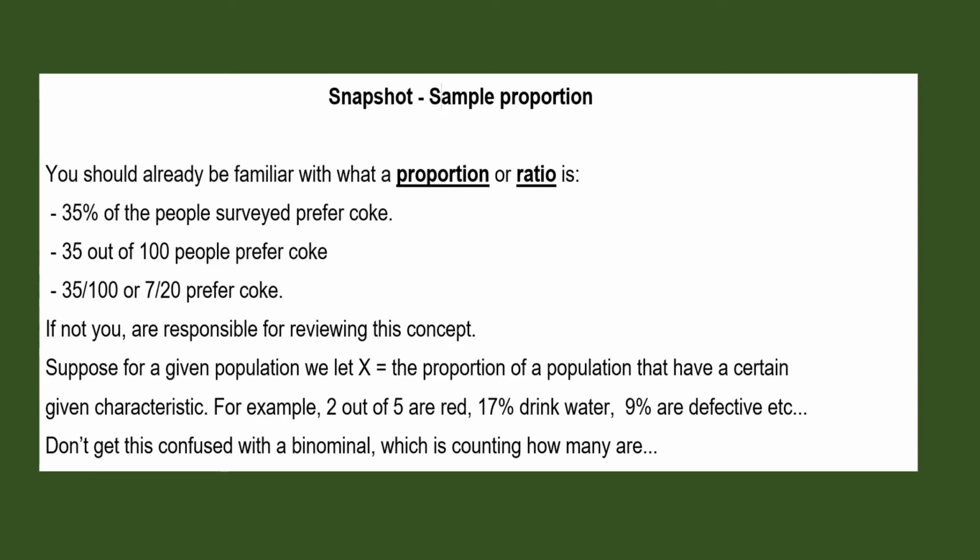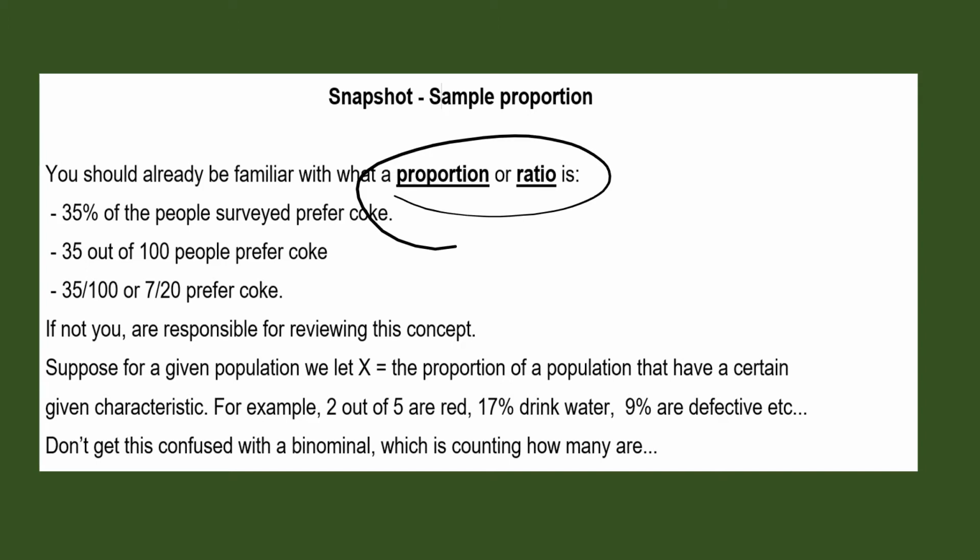35% of the people surveyed prefer Coke is the same thing as saying 35 out of 100 people prefer Coke. The same thing as 35 divided by 100, or 7 divided by 20 prefer Coke. So again, you are responsible for reviewing this concept if you do not understand proportions and ratios.